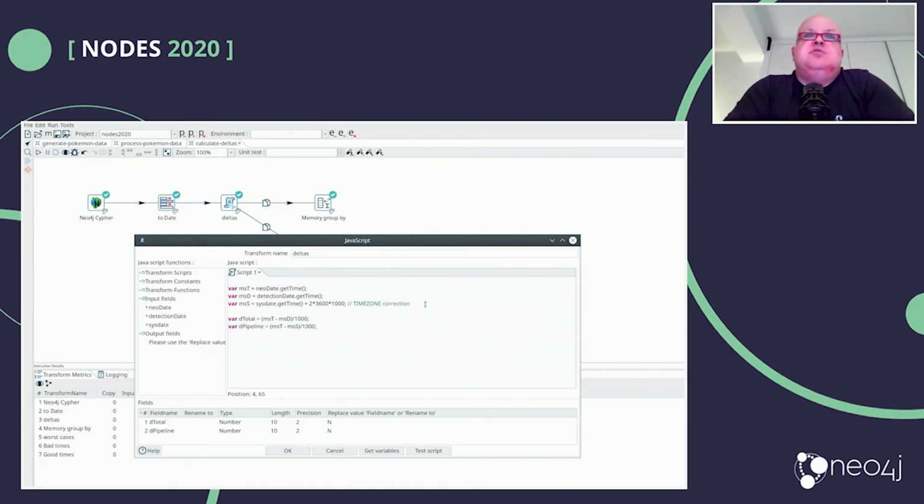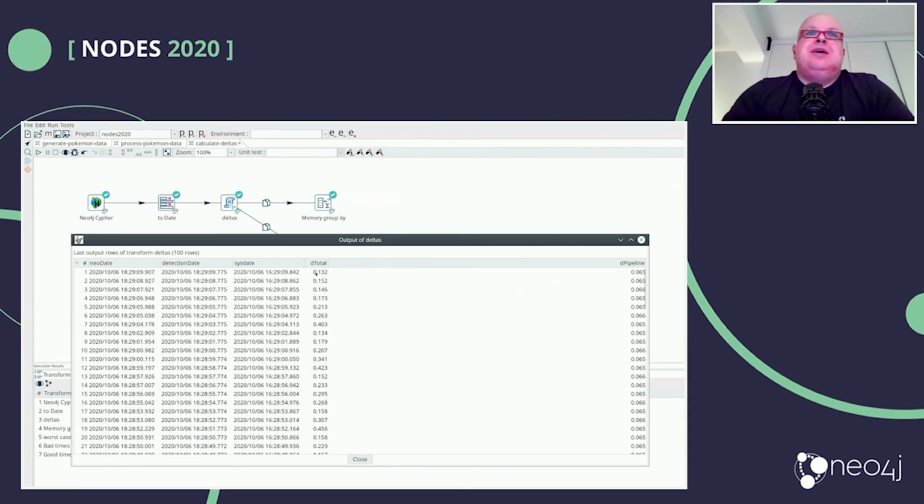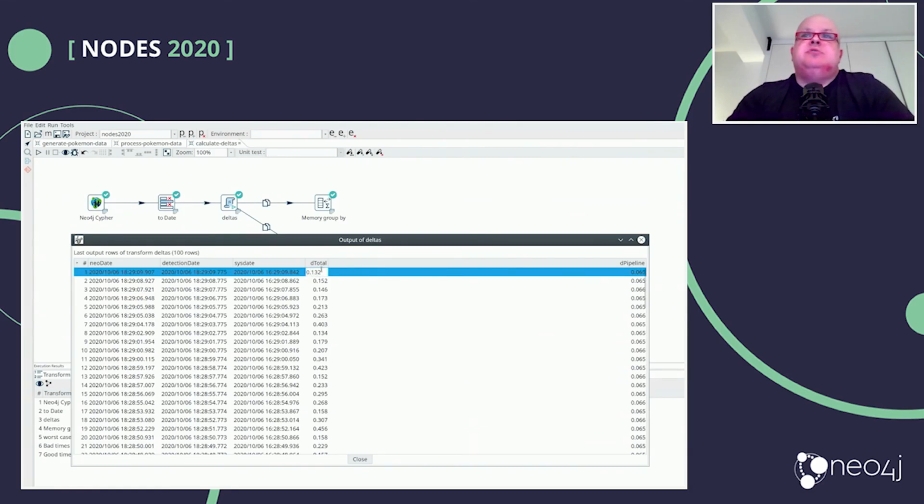So that gives you time zone shenanigans. Okay, so what we have here is we calculate a total latency. For example, here's one: 0.132 seconds. Great, right? And the pipeline 0.065 seconds. A very low latency despite the fact that we stacked the deck against us by working across the Atlantic.